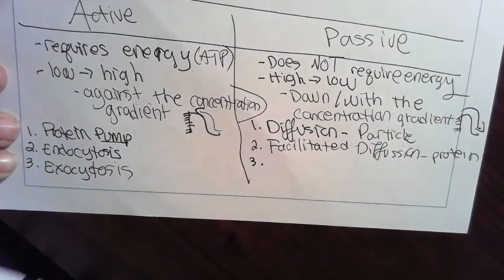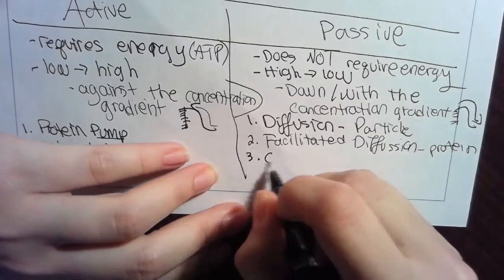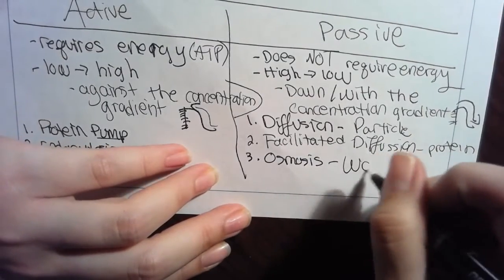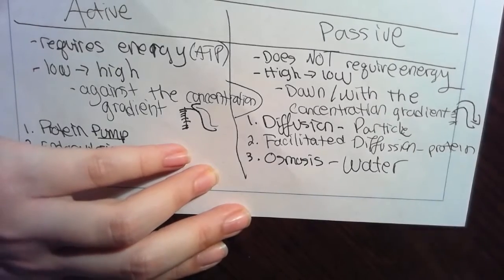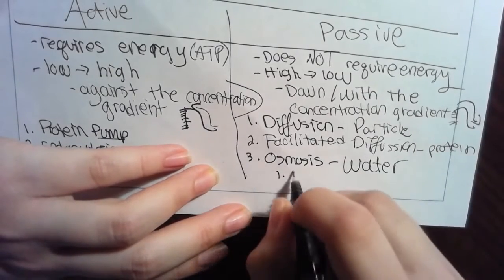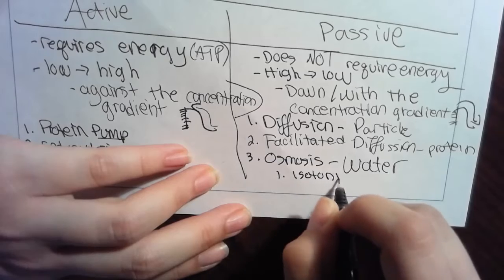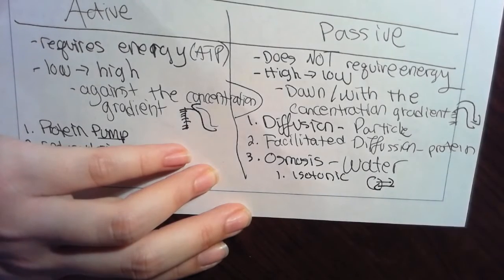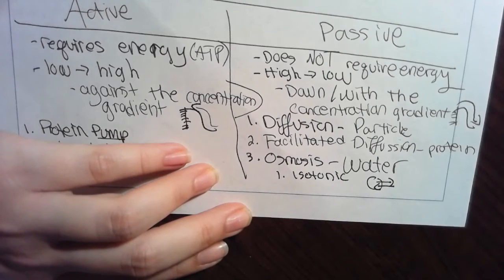Alright, the third is osmosis. So osmosis is specific to water. And remember, we have three conditions. You have isotonic, which is water moving out and in at the same rate.